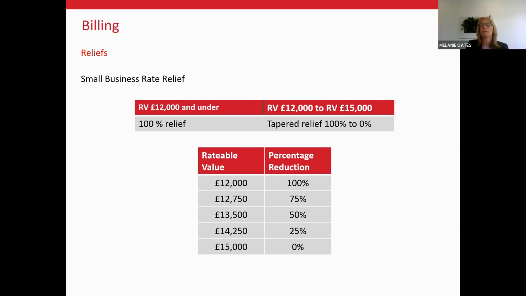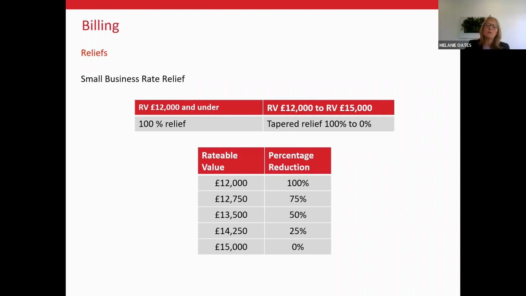So you get 100% relief at 12,000 and under, and between rateable value 12,000 and 15,000, you get tapered relief from 100% to 0%. So in the table below, you'll see that you get 100% at 12,000, and at 13,500 it's 50%. That just gives you an idea of where the percentage reduction will fall, and the sliding scale for that.